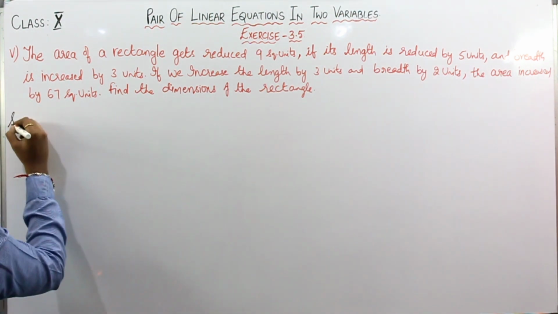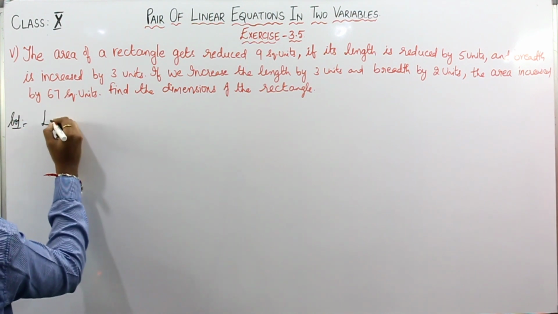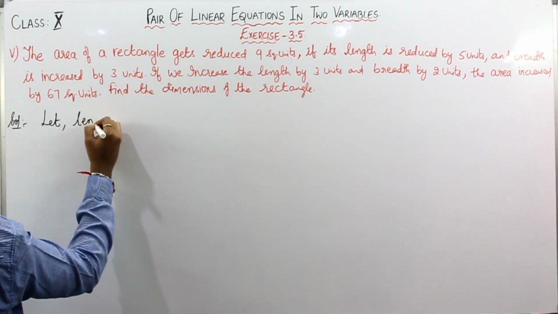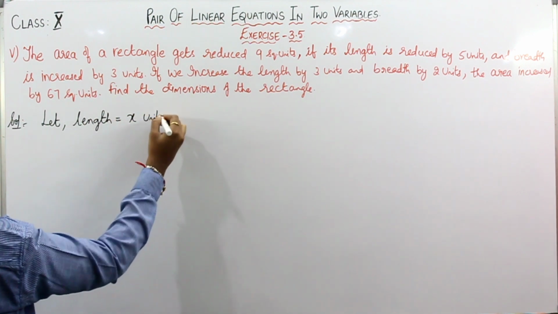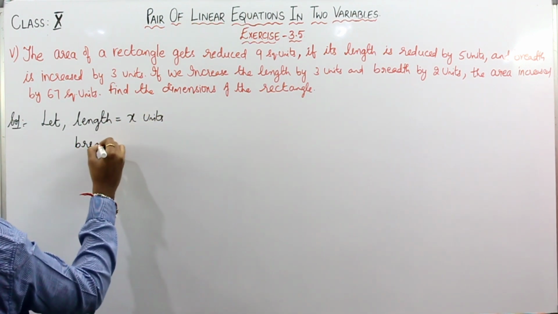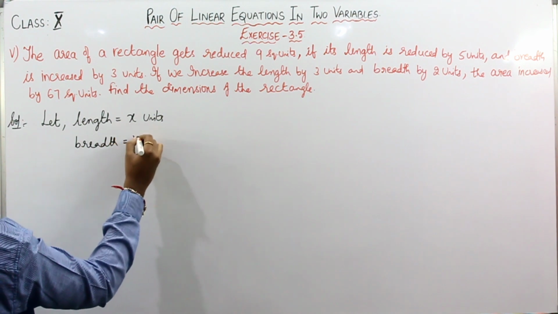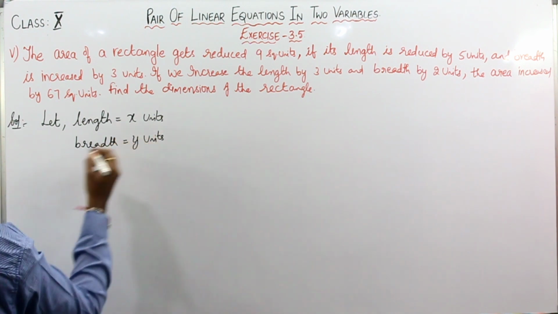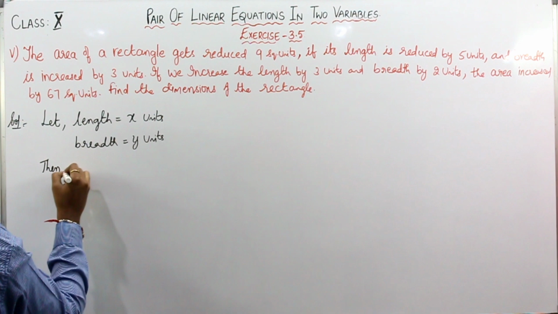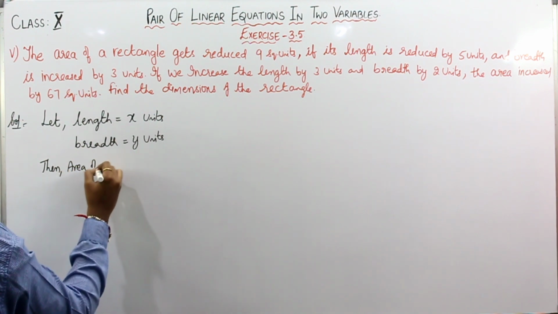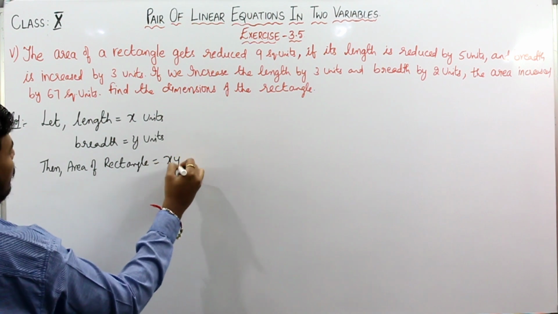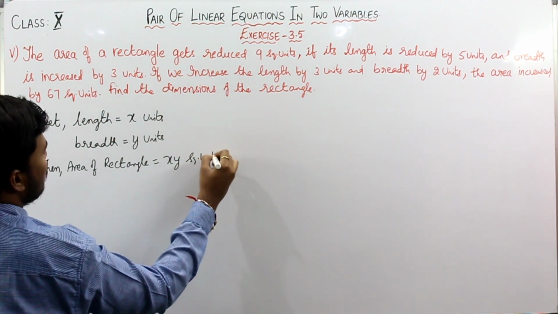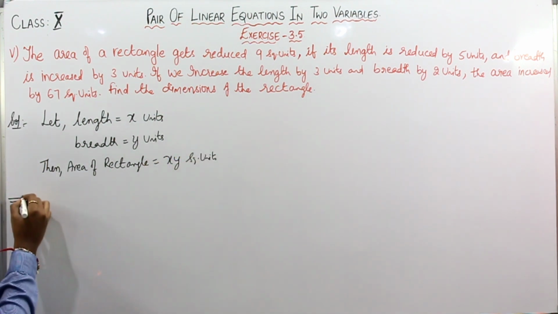So first let us consider, let length be x units and breadth be y units. Then area of rectangle is xy square units.